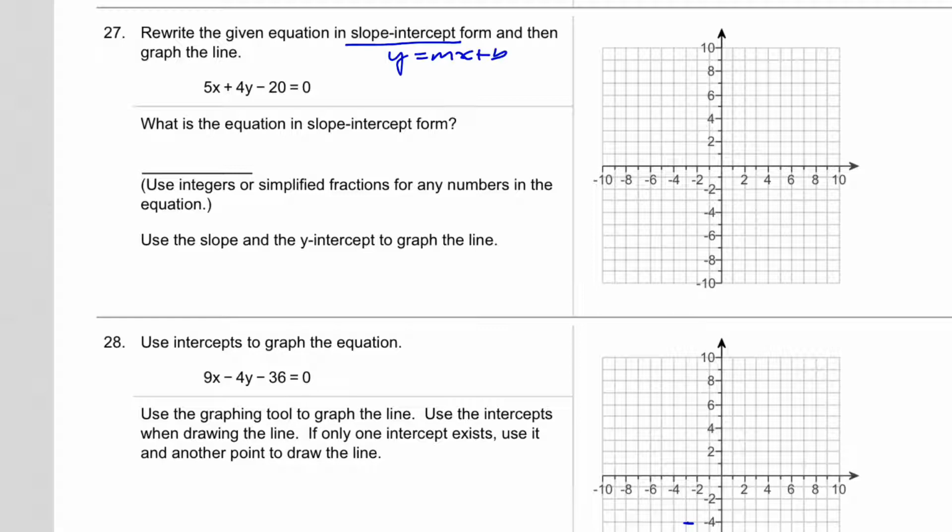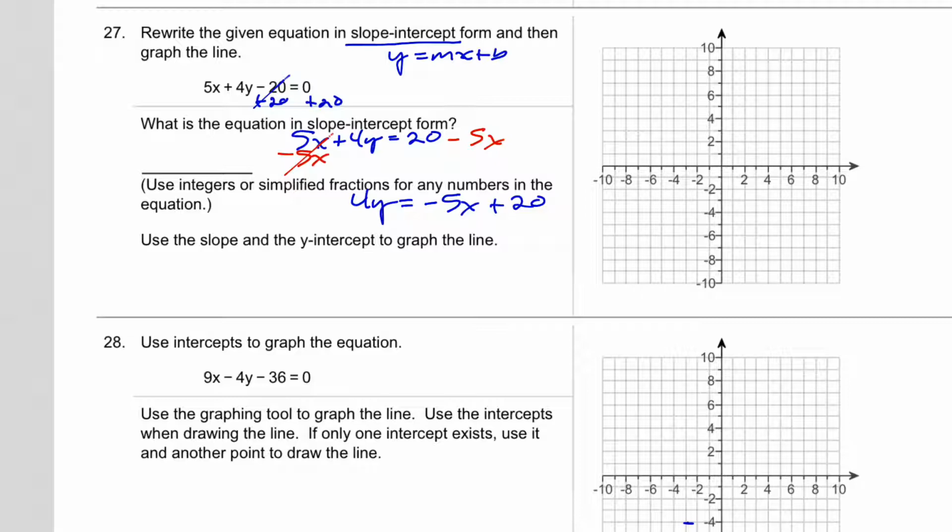Okay, so we need to go ahead and add 20 to both sides. Then move the 5x over to the right by subtracting it. And you can just go ahead and move that first if you want to.